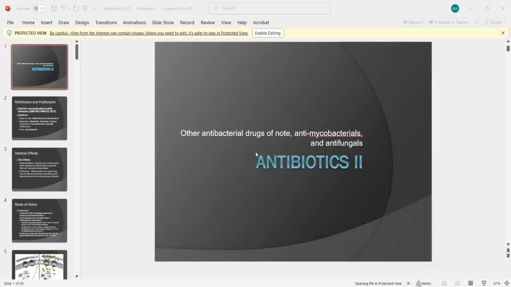These interfere with this enzyme, 14-alpha demethylase, that converts lanosterol to cholesterol in our body, but in fungi, lanosterol to ergosterol. That enzyme has diverged enough so that these drugs inhibit the fungal enzyme without inhibiting the mammalian enzyme appreciably.